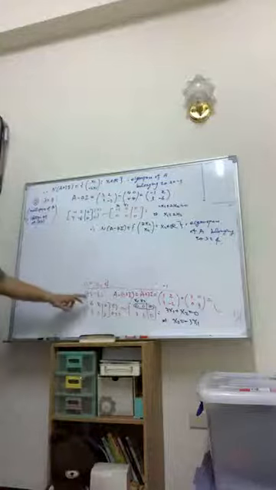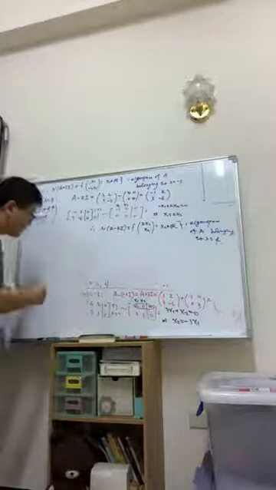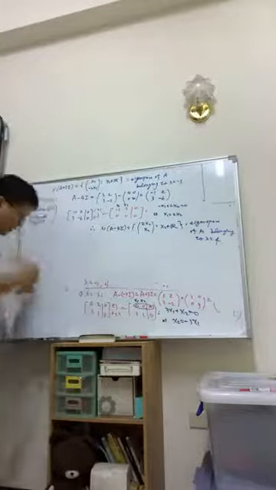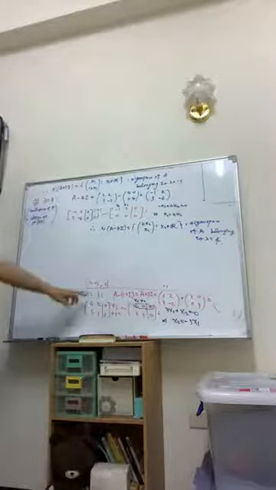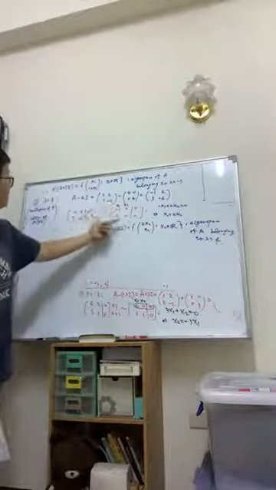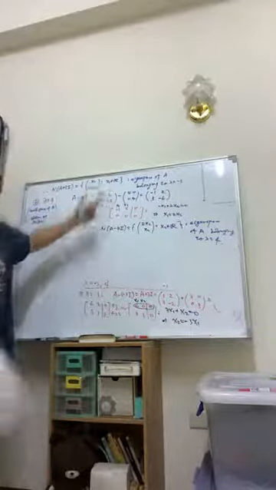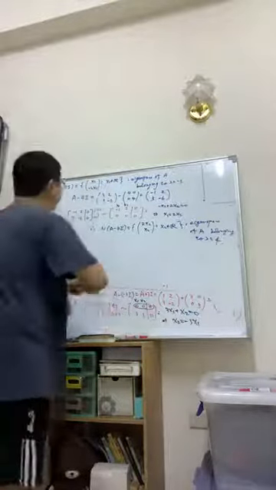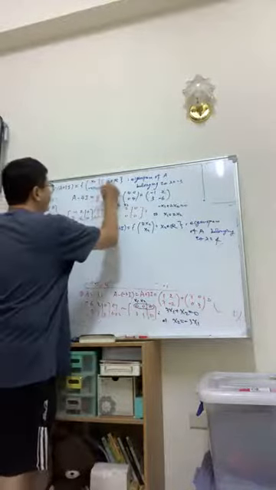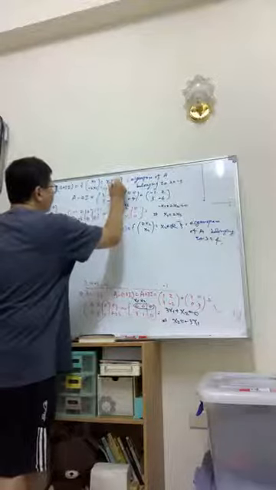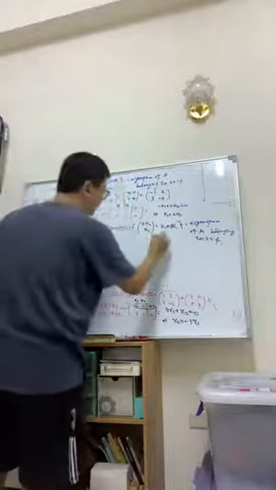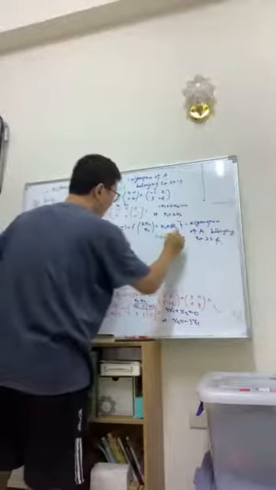So the matrix A has 2 eigenvalues, negative 3 and 4. For eigenvalue negative 3, its eigenspace is the span of 1, negative 3, and for eigenvalue 4, it's the span of 2, 1.